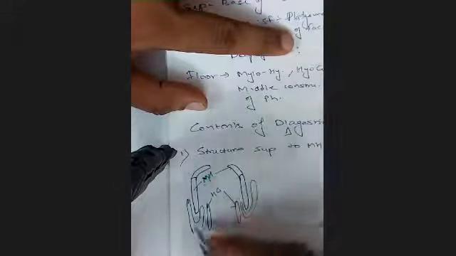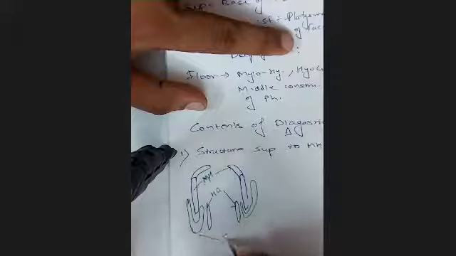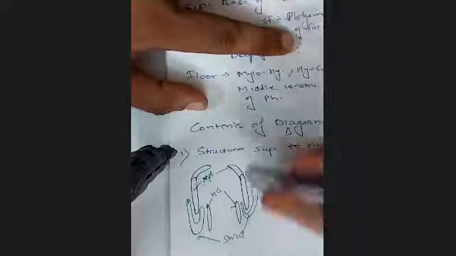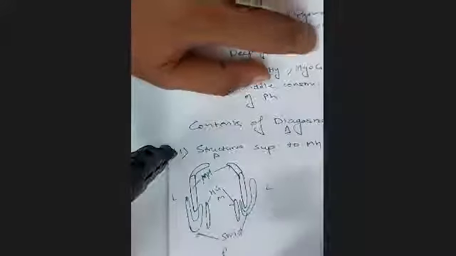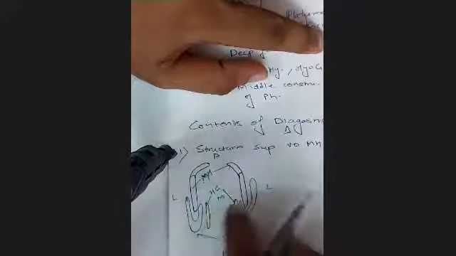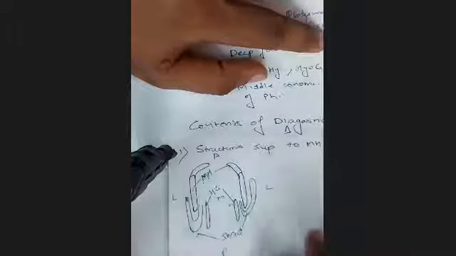So this is mylohyoid. This is hyoglossus and this is submandibular gland. This is a transverse section. So this is the lateral side, this is the medial side. This is anterior and this is posterior. So in a transverse section on both the sides, of course, this will be a little far apart.